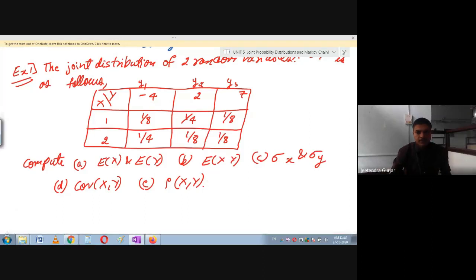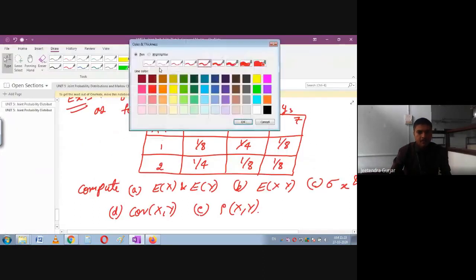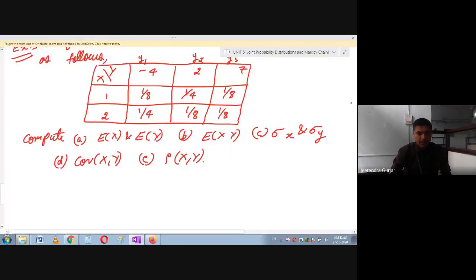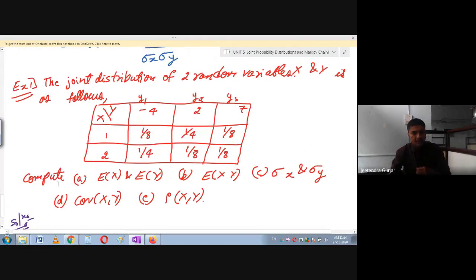Whatever applications we have for probability, the same applications we have in joint probability also. Definitely it is helpful in the statistics process. See, joint probability is a continuation of probability. In probability we have taken one random variable, but here we are going to take two random variables.